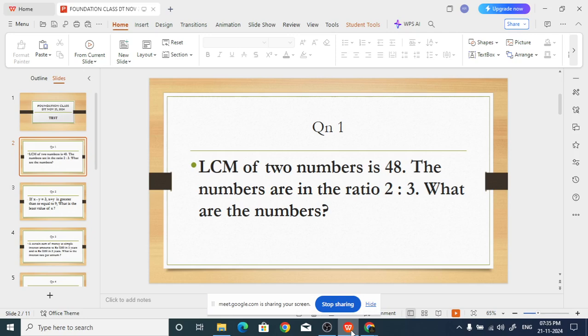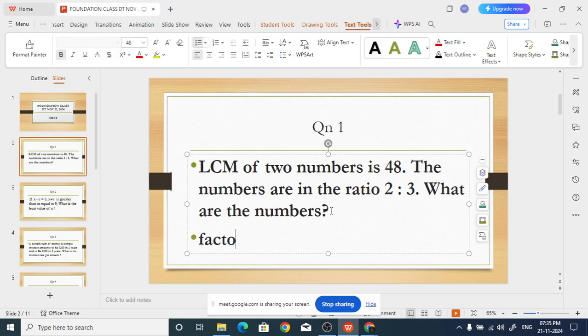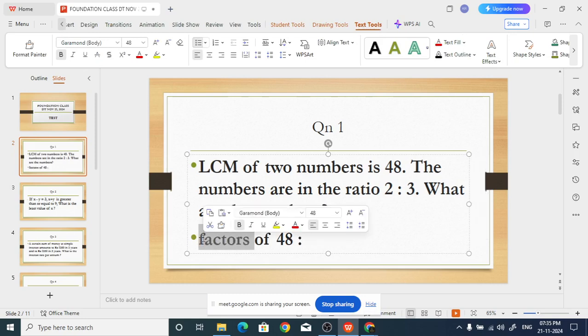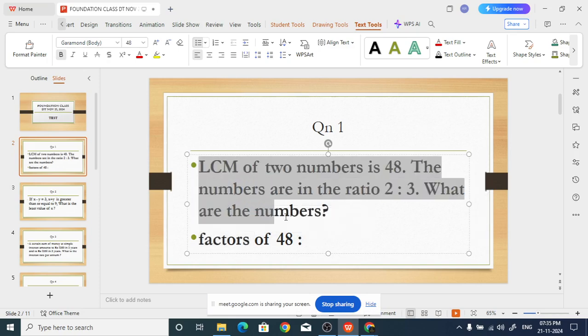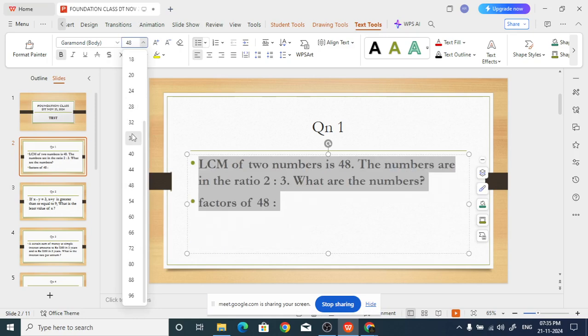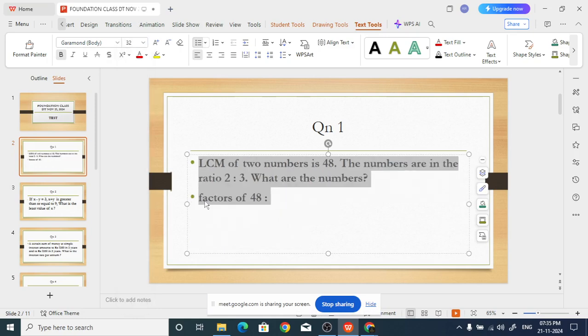Okay, I'll give you a clue. Now let us look at the factors of 48. What are the factors of 48?